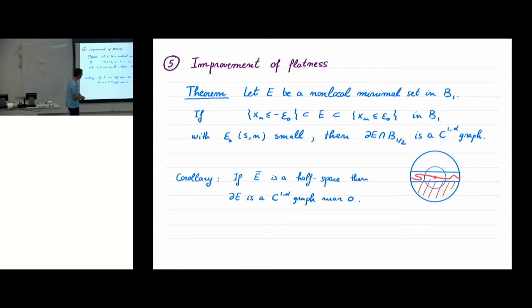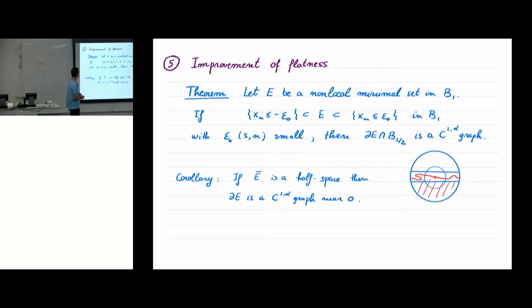So you say, if I have a set E that is very close to a half plane, what do I mean by very close? Inside the unit ball, if the boundary of E is trapped in a band of width epsilon 0, a tiny constant, then I can guarantee that the boundary of E is smooth inside. This is a graph of a C1 alpha function.